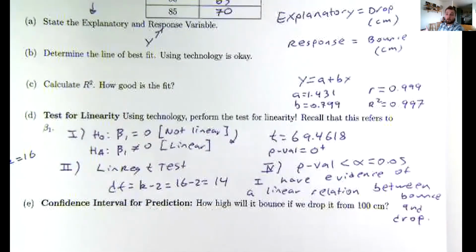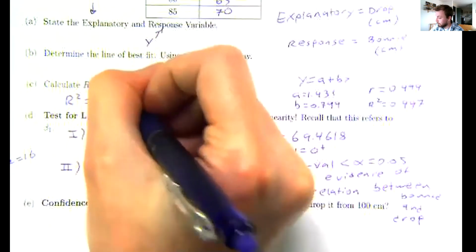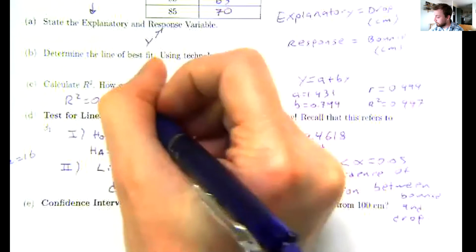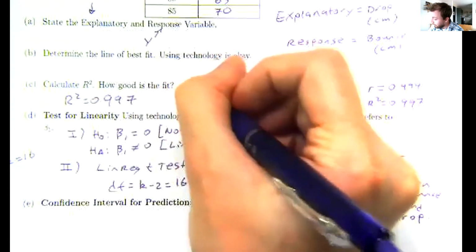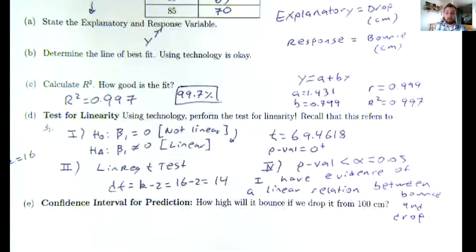So how good is this relation? Well, that's what my R squared tells me. My R squared was 0.997, so it looked 99.7% like a line. Not only do I have evidence of a linear relationship, it's a ridiculously strong linear relationship.